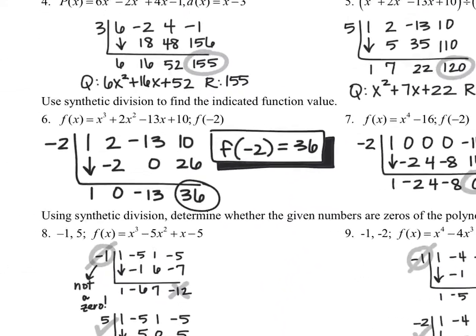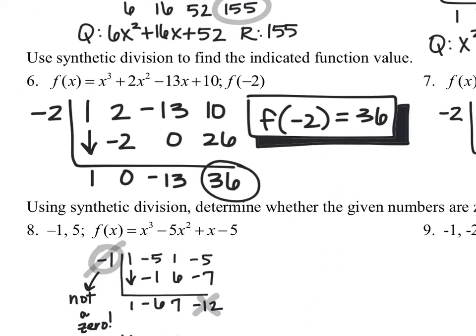Number 6, we are asked to evaluate a polynomial function using synthetic division. So with this one, we do not change the sign here. We just take that exact number and put it over here. And similar to that last problem, the reason we don't change the sign in this case is because this is x, and x is -2.